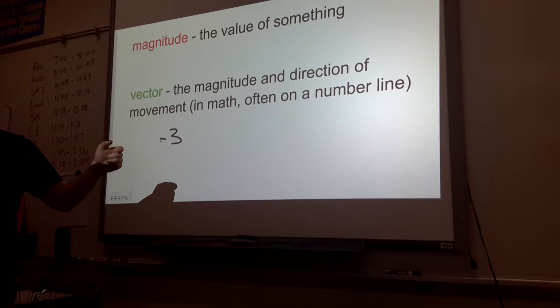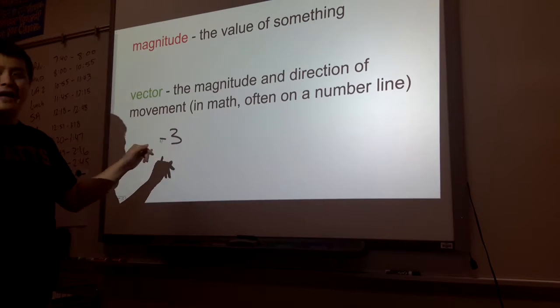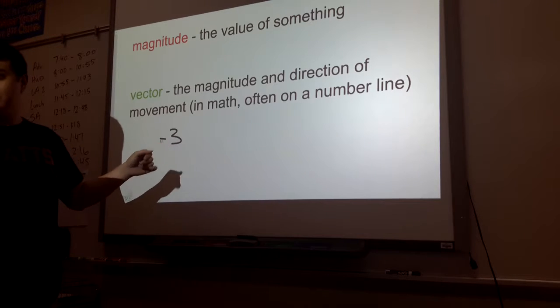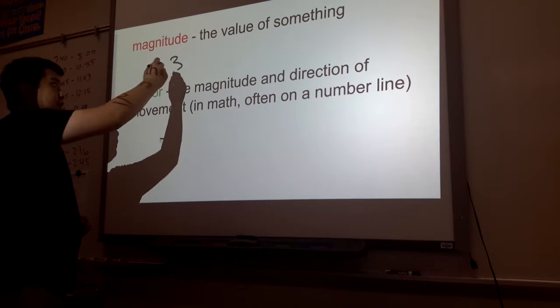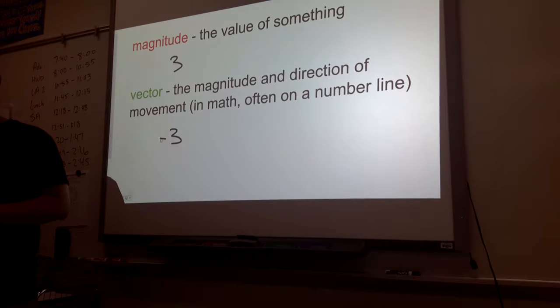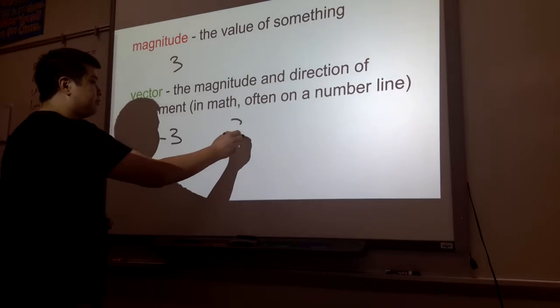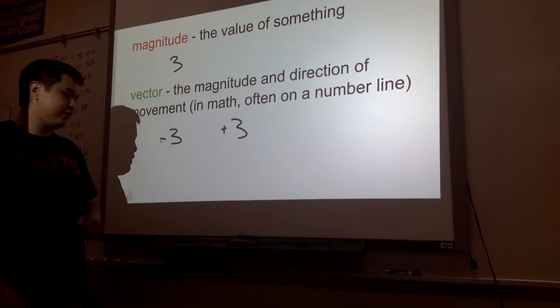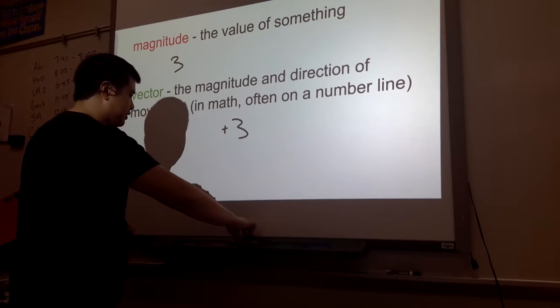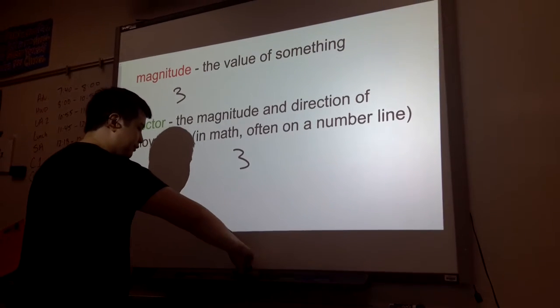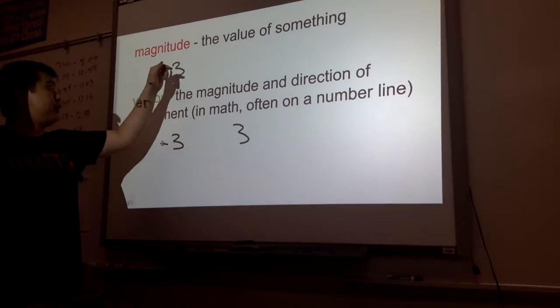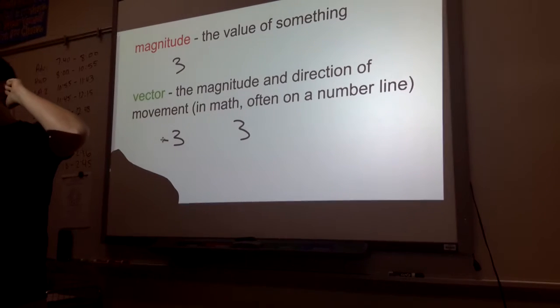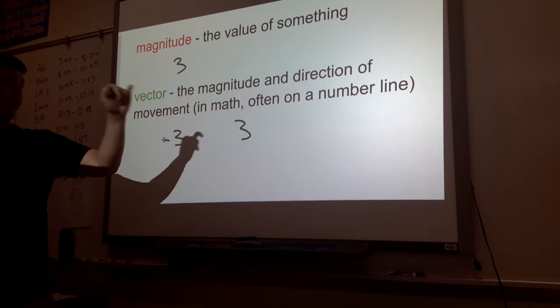The value or magnitude of this is just 3, which is simply the absolute value of it. 3 could also be a vector, but probably with a plus 3 to do that. But oftentimes it is simply just 3. But 3 is definitely a magnitude.